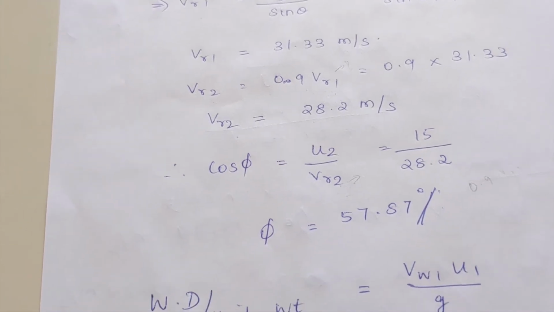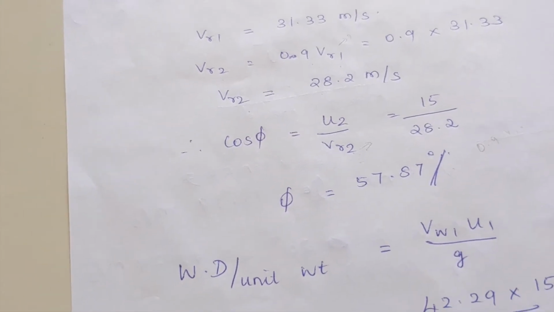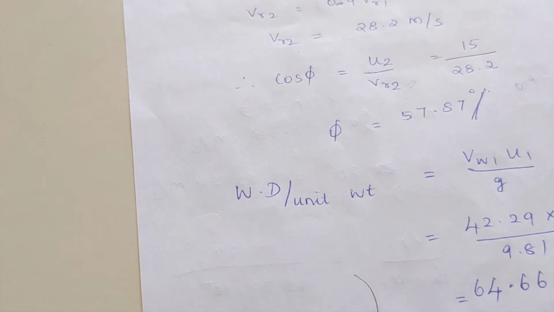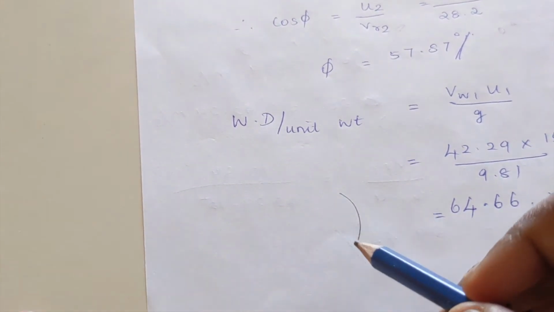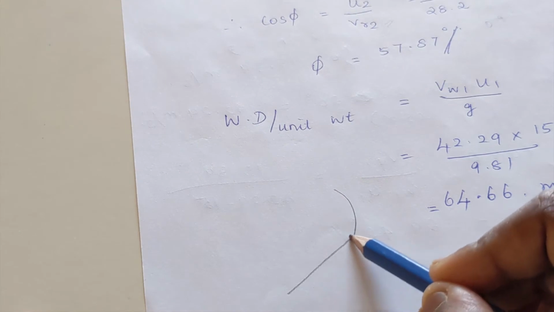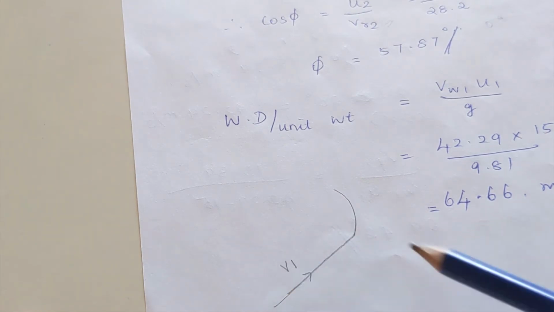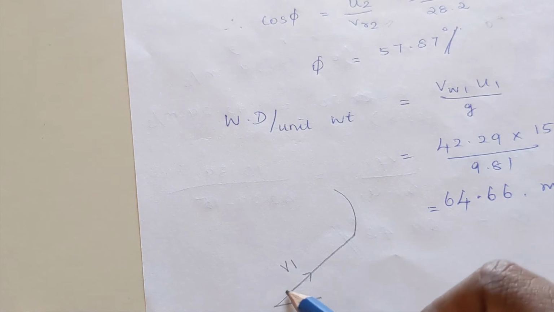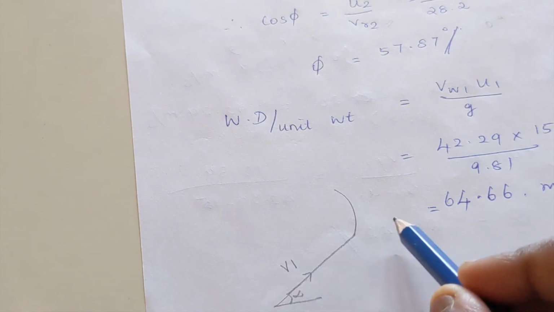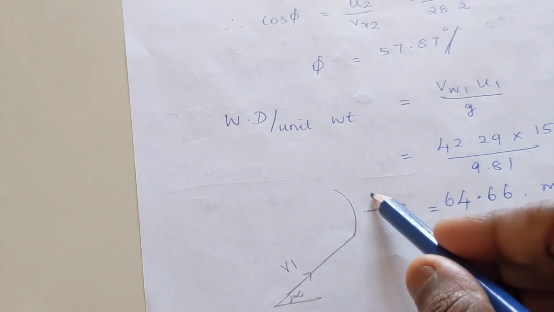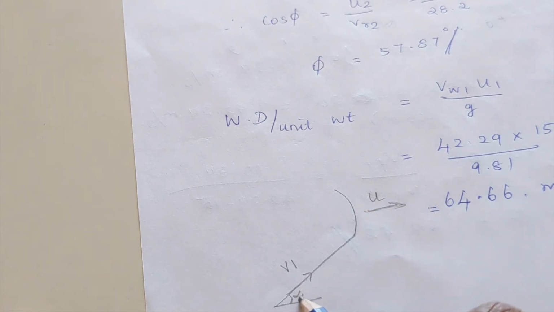Again I am repeating how to draw the velocity triangle. Draw the vane. This is the velocity of water, that is your jet of water. It has a velocity of V1. It has some inclination of alpha with the direction of motion. This is the direction of the vane, moving with the velocity U. As it is inlet, you have to represent it as U1.